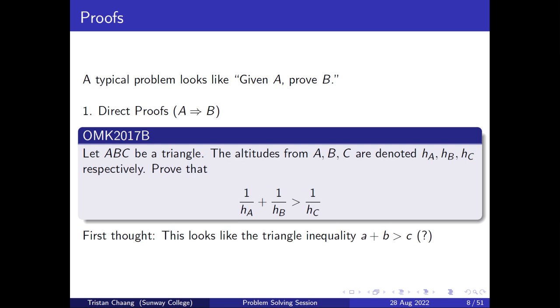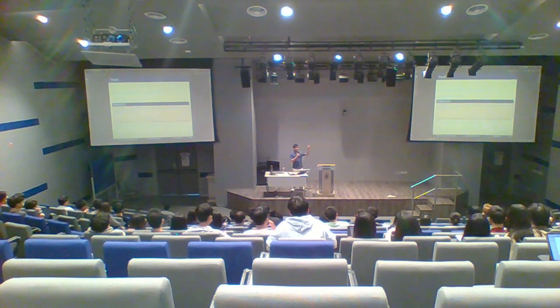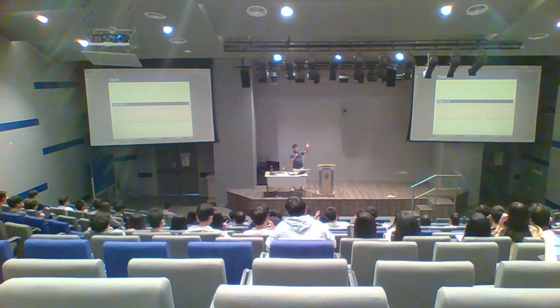Of course, A is not really 1 over HA, and B is not really 1 over HB, but there is still some resemblance, and maybe that helps to prove it. Does anyone not know the triangle inequality here? The sum of two sides is greater than the third side, because the shortest distance between two points is a straight line. So if you go the other way, the distance must be more.